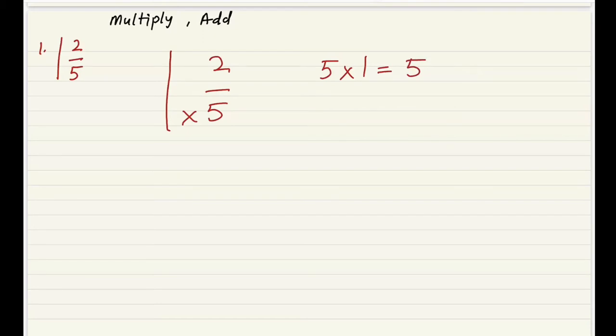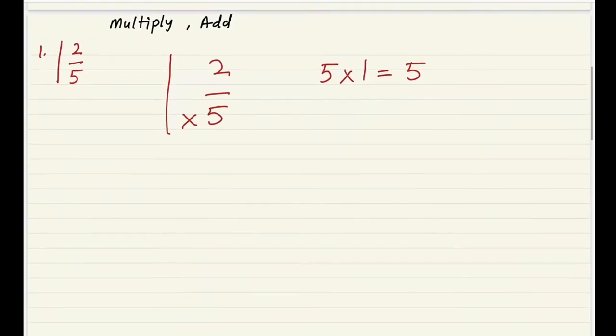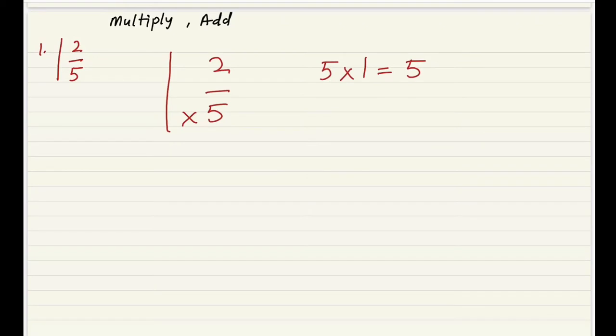The next step is to add. Remember that we are adding the answer that we got from number 1 to the top number. So 5, which was our answer here, we're going to be adding to the top number, which is 2. So it's going to be 5 plus 2, which is 7.